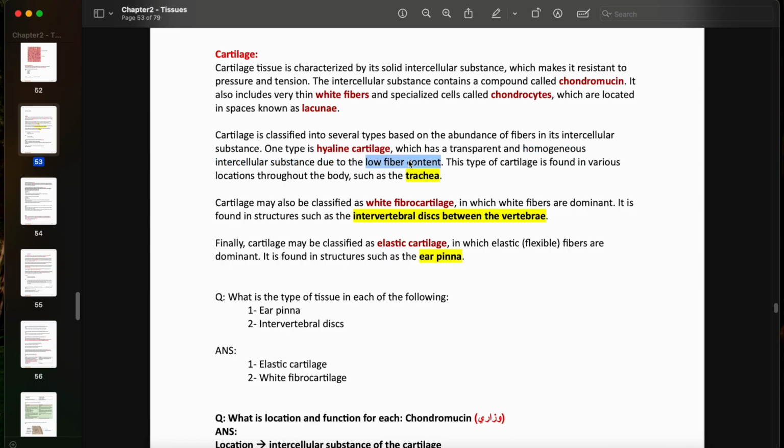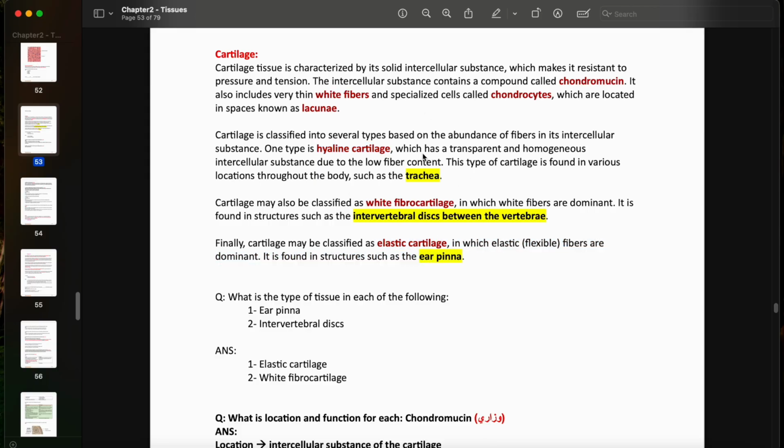All of this information is important for possibly a definition question, a description or characteristics and features of the hyaline cartilage, or even in comparison questions telling you to compare the hyaline cartilage with another type of cartilage, for example, the elastic.